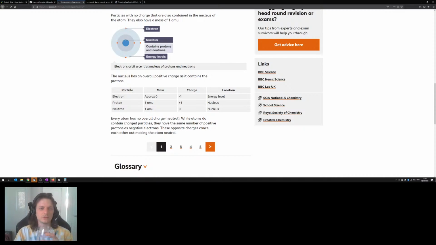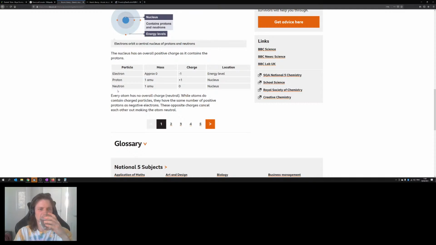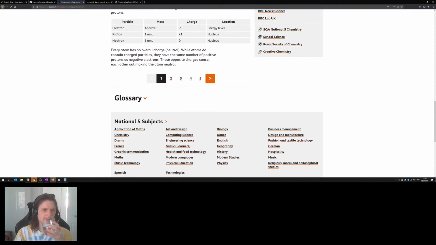The nucleus has an overall positive charge as it contains the protons. Oh, that makes sense, okay. Every atom has no overall charge, neutral. While atoms do contain charged particles, they have the same number of positive protons as negative electrons.